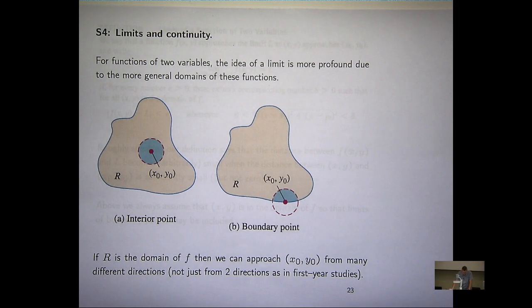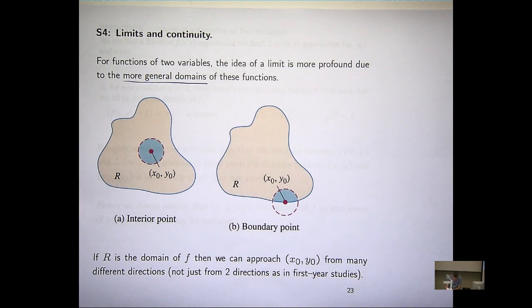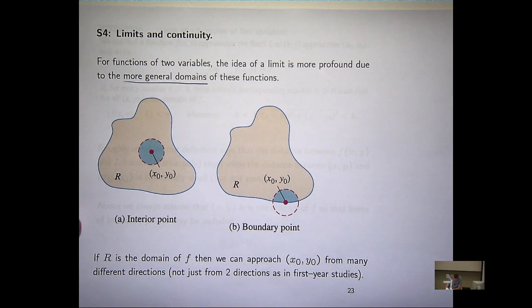All right, so let's have a look at some ideas involving limits. Now, yes, you've already seen limits at school, but for functions of two variables, you've got more general domains. You've got a two-dimensional domain.